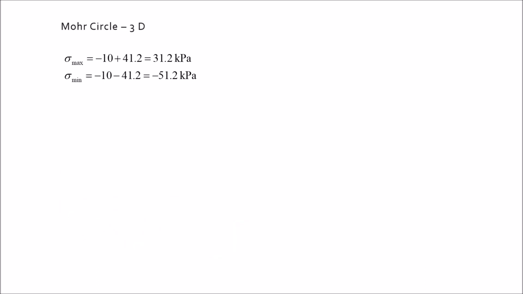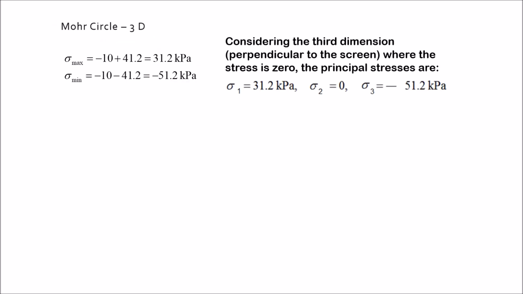The same problem we can also discuss in 3 dimensions. We have found that in the plane we have considered the principal maximum is 31, the principal minimum is minus 51. But when we consider the 3rd dimension, that is the direction out of the screen, perpendicular to the screen, there the stress is 0.